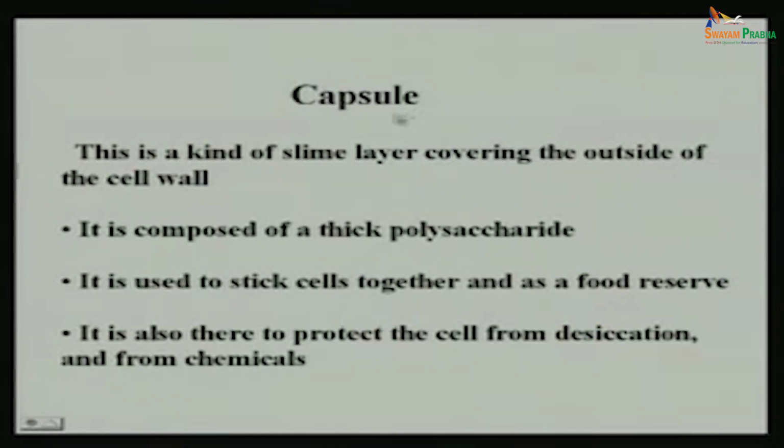If we see the structure and composition of this capsule, it is a kind of slime layer covering the outside of the cell wall. It is composed of thick polysaccharide, and it is used to stick cells together and also as a food reservoir. It also protects the cell from desiccation and from other toxic chemicals.